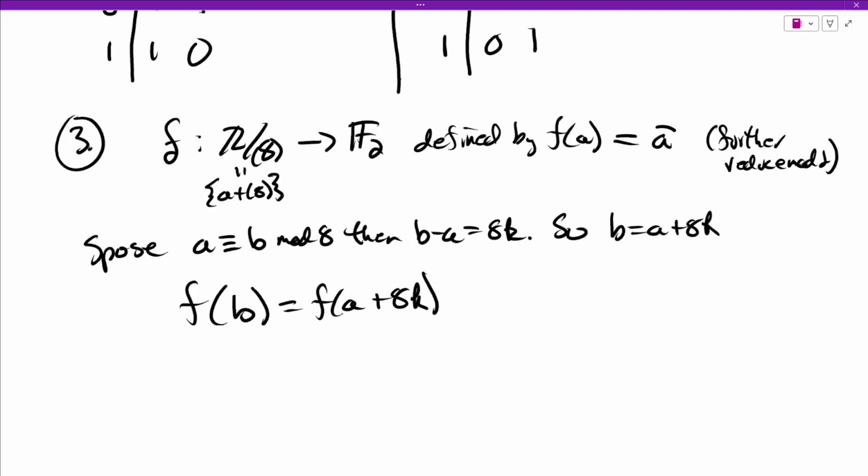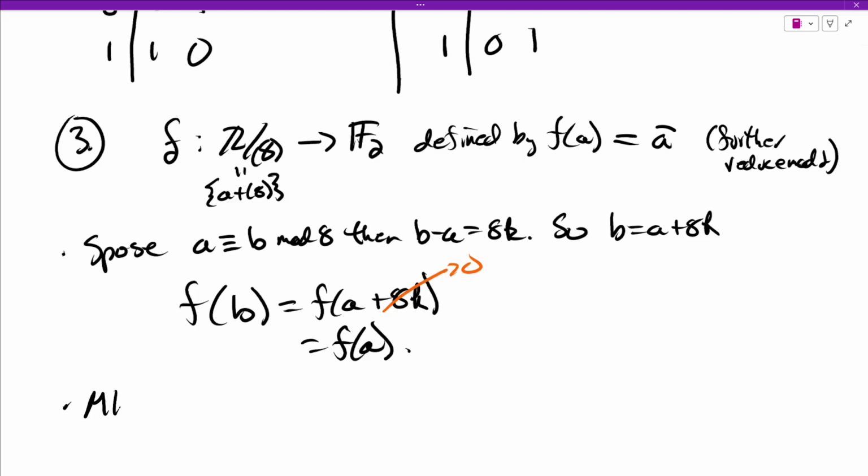But reducing mod 2 is a homomorphism from Z to Z mod 2. In particular, this 8 that shows up here is going to reduce mod 2 to 0. So we're going to get f of A out of it. So if two elements were congruent mod 8, that is, they represented the same coset or the same equivalence class, f will further reduce them mod 2 to the same thing. Okay, so f is well defined.